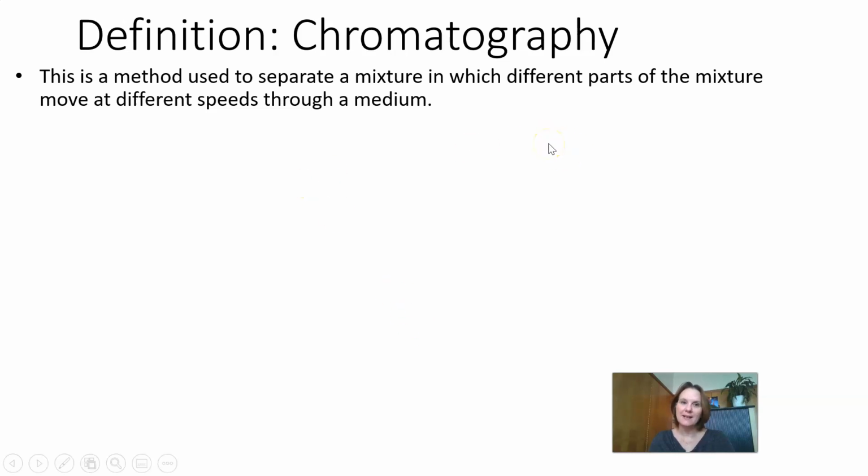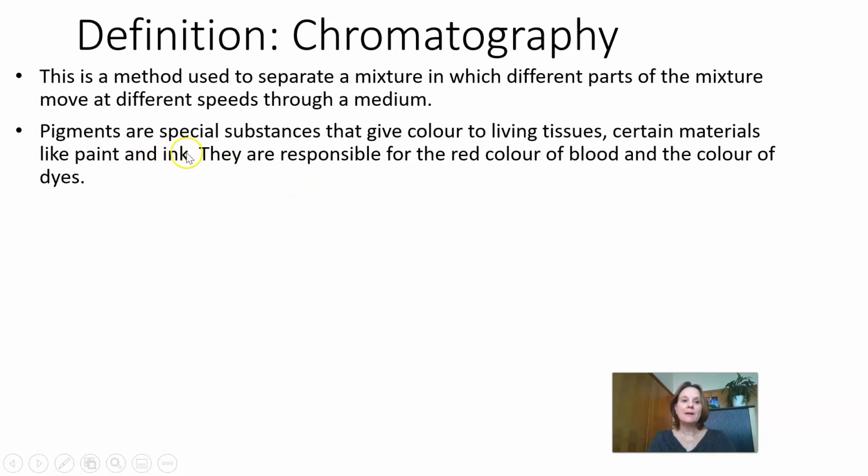So let's first understand what it is. So, pigments are special substances that give color to living tissues. So certain materials like paint and ink, they are responsible for the red color of blood and also the color of dyes. Those are pigments.